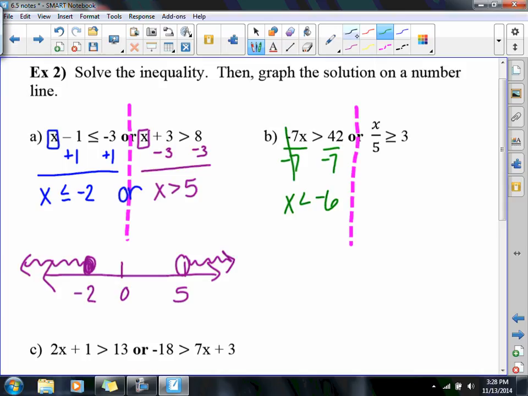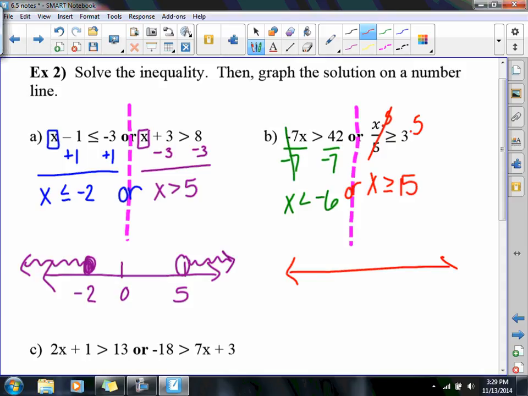And on the right side, I have x divided by 5 is greater than or equal to 5. So to get rid of that dividing by 5, I have to multiply by 5. But we'll have x is greater than or equal to 15. And then I want to put the word or in between them.